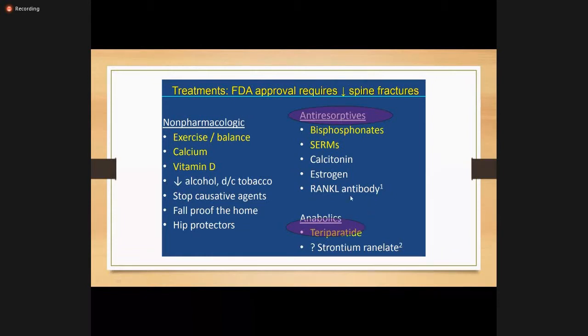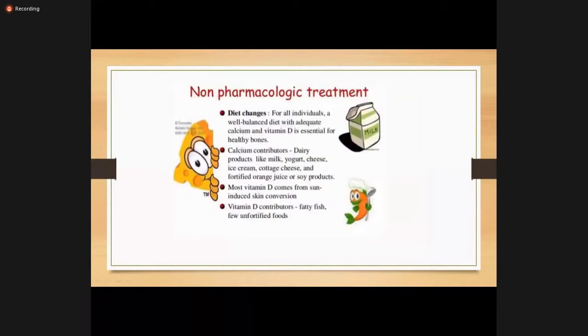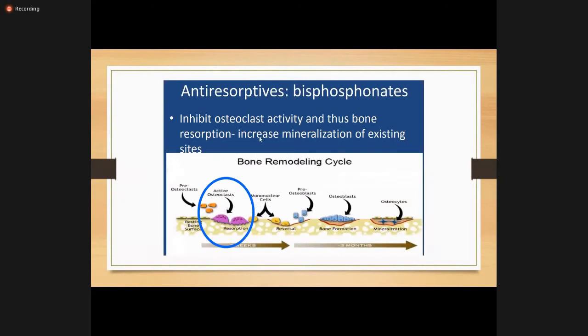Anabolic drugs lead to increased osteoblastic activity: teriparatide and strontium ranelate. Anti-resorptive drugs inhibit active osteoclasts and decrease bone resorption. This leads to increased bone formation. Osteoclastic activity is inhibited and osteoblastic activity increased. The net result is bone formation, avoiding osteoporosis.